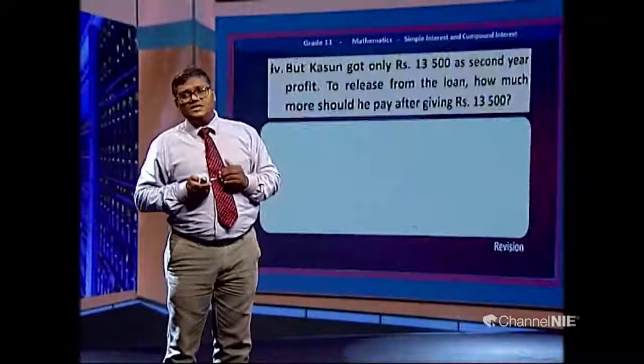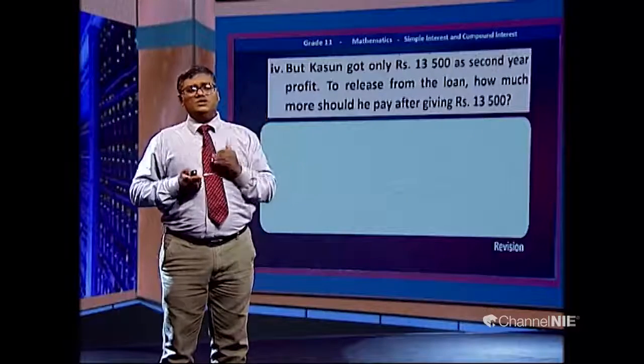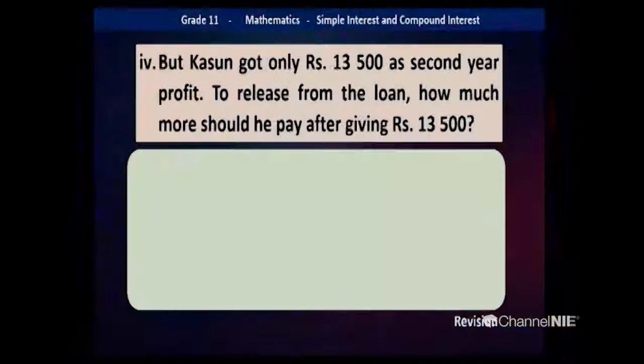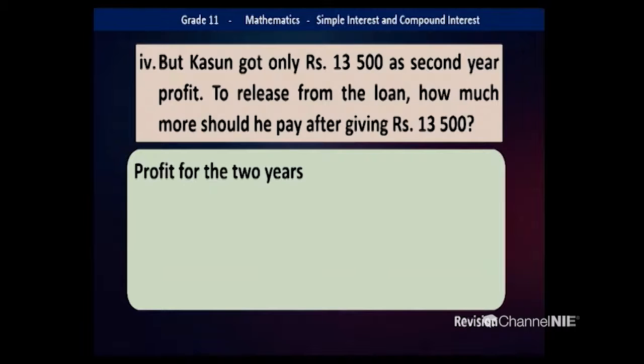Let's move on to the next one. But Kasun got only 13,500 as second year profit. To be released from the loan, how much more? Now, you knew he needed 18,500 to settle the loan. But this question says he got only 13,500. Then there are two methods of calculating it. In the first method, you can take the first year profit and add it to the second year profit, answer 26,000.